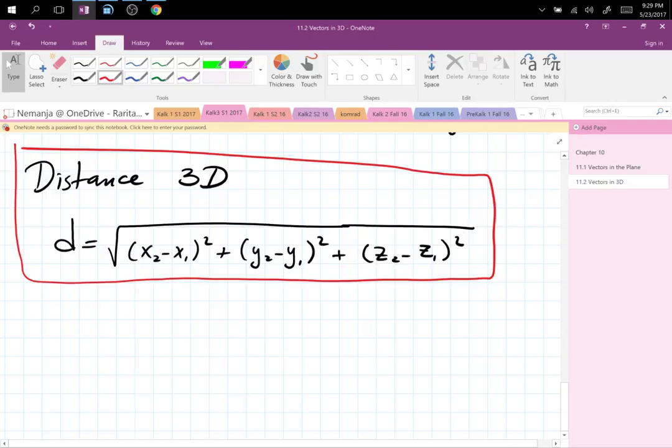Can we have a distance in 4D? Yeah, you just add another one, let's say w. You can keep adding dimensions to whatever space you need.